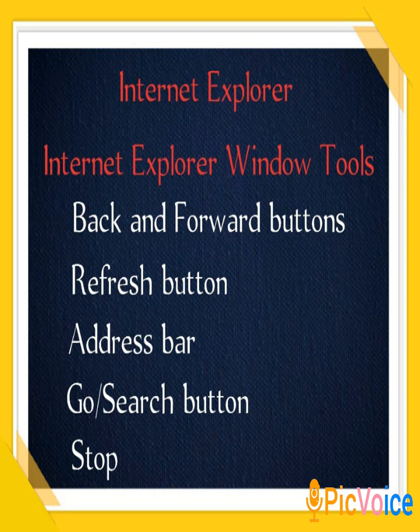Then third, address bar. We can type the web address of the website directly in the address bar, and all web addresses have three parts. These are www, which stands for World Wide Web.